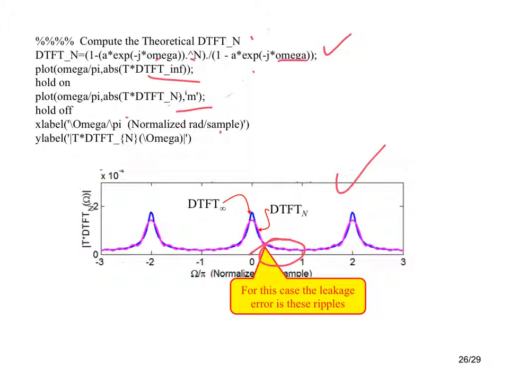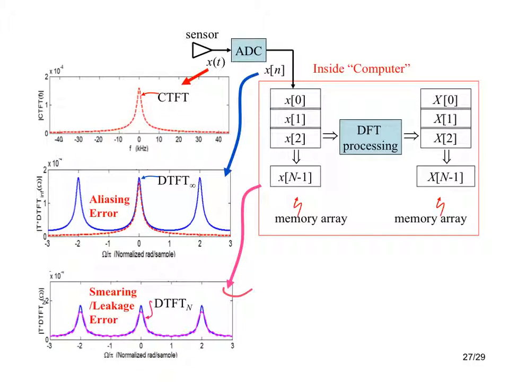Okay, so that's plotting. And where do we put the plot? Well, we put it right down here. So that is the DTFT sub N. So let's recap. We have our CTFT, which we saw makes sense. We've got it plotted on our kilohertz plot. We see that, remember, FS is 30 kilohertz. FS over 2 is 15.